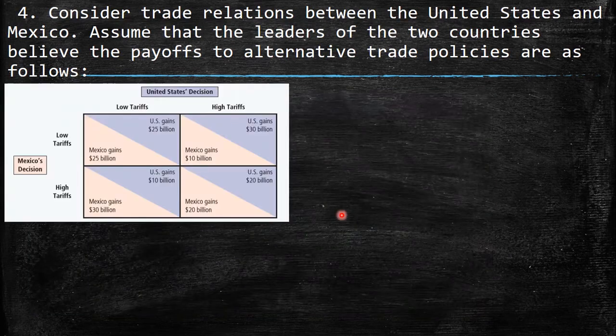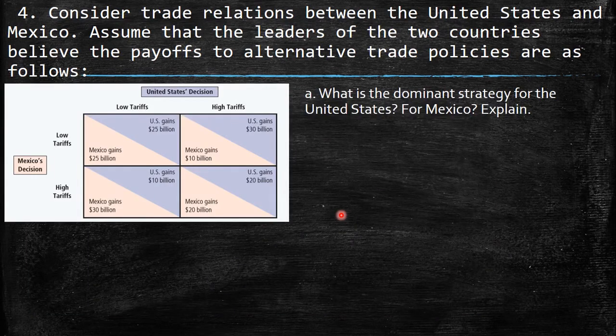Then it says, what is the dominant strategy for the United States? For Mexico? And explain. Remember, anytime we talk about a dominant strategy, it doesn't matter what the other moves, I will move exactly the same. Doesn't matter if Mexico goes high or low, the US every time will choose the same thing.